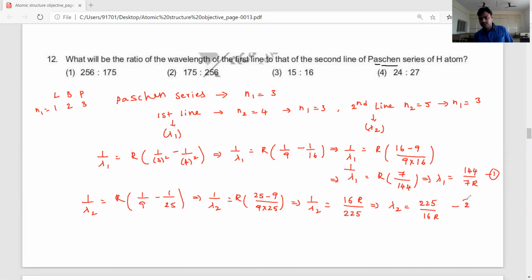This is the second equation. Now what they asked is the ratio of the wavelengths of the first line and second line, meaning we need to find lambda 1 by lambda 2.